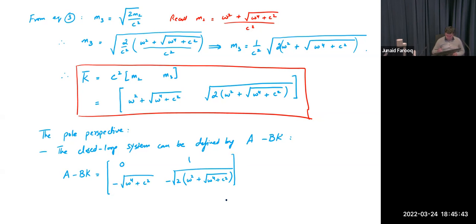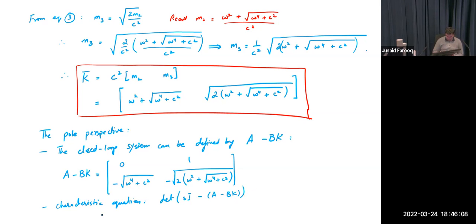Okay, so if you want to see where the poles are, we can go to the characteristic equation, which is determinant of sI minus (A minus BK).